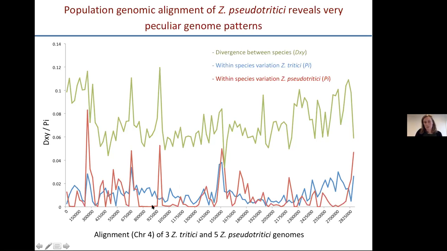One of the first observations that we stumbled across was these long stretches where there is no variation in the genome of Septoria pseudotritici. In fact, we would find on some chromosomes stretches up to 100 kb where, among these 5 genome sequences, there was no variation, not a single nucleotide polymorphism.